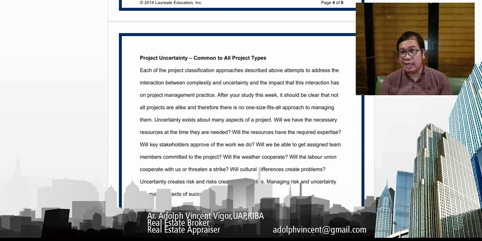Will the sand and gravel be available when you need them? These are the things that you must understand and try to manage and handle. Will we be able to get the assigned team members committed to the project? As a project manager, class, you have to make sure that the members of your team will be committed to do the work.